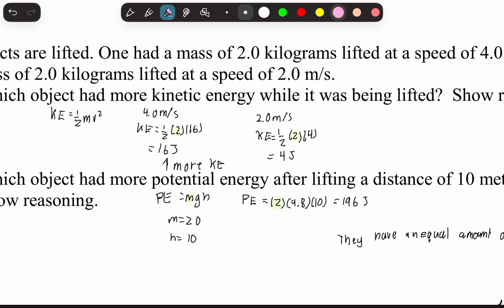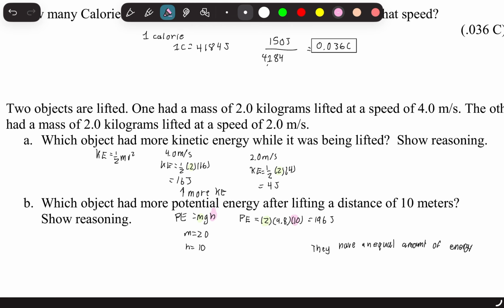And the height that they're lifted to is going to be the same. And gravity is the same on Earth. So this is kind of tricky, but they have the same potential energy, even though you just disregard the fact that they were moving at different velocities earlier, because now we're only looking at the mass of them. They have the same mass and they're both on Earth and lifted to the same height. So they have the same potential energy at the same height that they're lifted to.